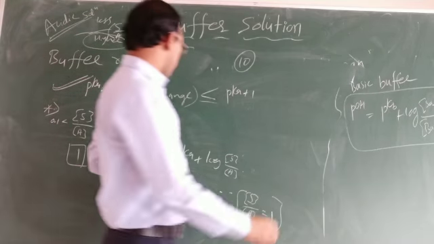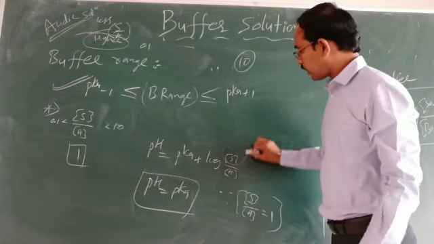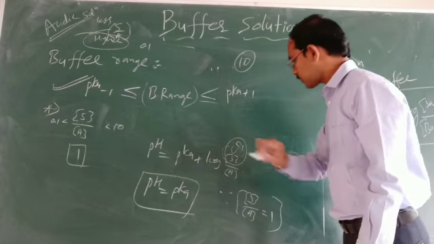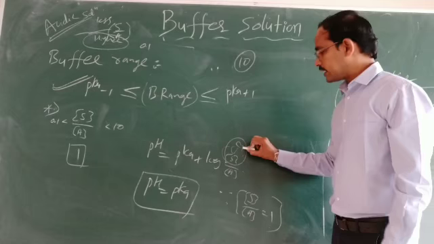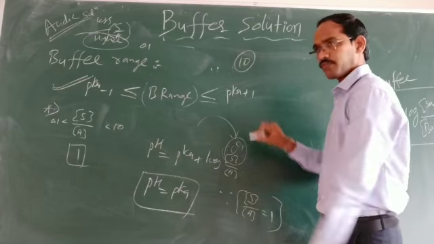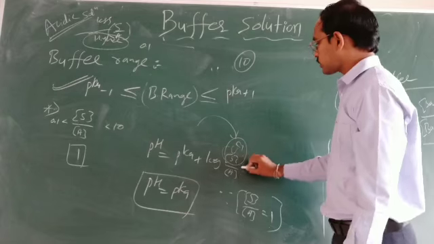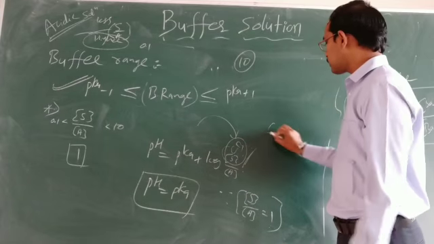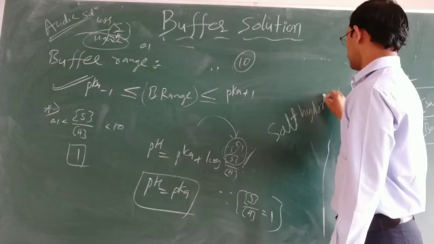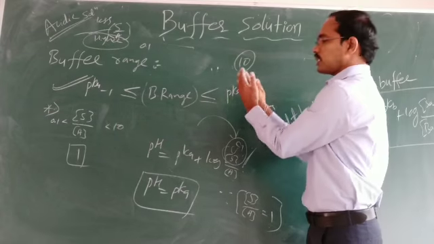Suppose here salt is dominating. Salt means actually a conjugate base, we can also write. But this conjugate base is not from this acid; it is from an external source. When salt is completely dominating, that is nothing but salt hydrolysis. Why are we keeping this border?